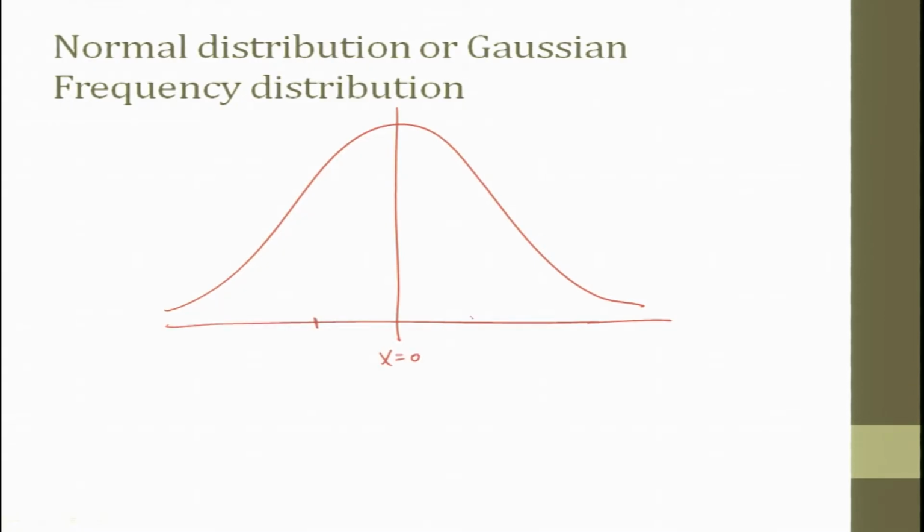So, this is minus sigma, this is minus 2 sigma, and this is minus 3 sigma. This is sigma, 2 sigma and 3 sigma.